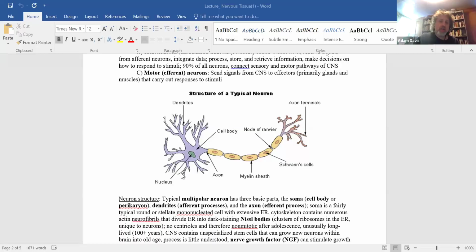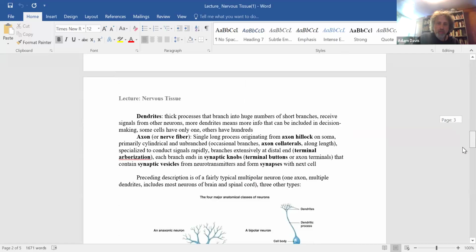Now, this is the structure we showed you the other day. This is a typical multipolar neuron that is found in most parts of the body. You've got the soma, you've got multiple dendrites, you've got one axon, hence multipolar, lots of different poles reaching out from it. But let's look at some alternative ways that we can organize our neuron.